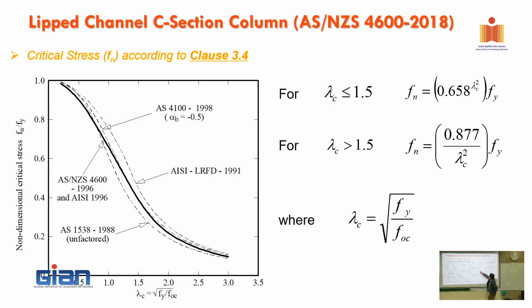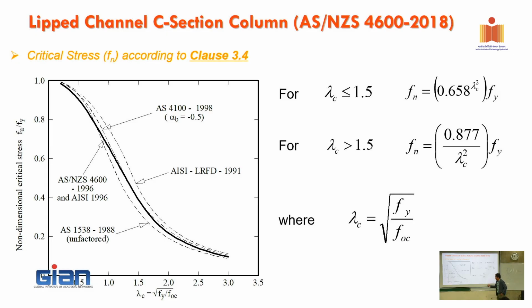And from here, when lambda c is greater than 1.5, you use that equation. In that equation, you see Fy is the yield stress, and lambda c is based on the slenderness. And lambda c is the square root of Fy, the yield stress, over FOC, the elastic buckling load of the column.